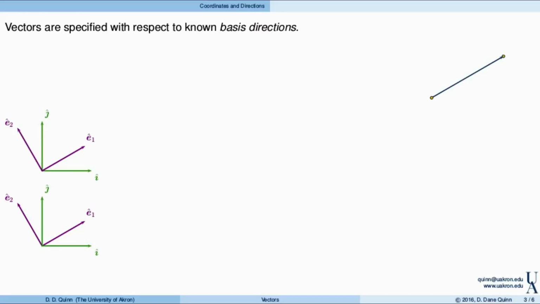So now, speaking of directions, vectors are specified with respect to known directions. So again, here I have some vector. We'll call it R once again. So we need a set of directions that we define as basis directions in order to measure the vector R. We have a number of different choices. We could choose, for example, I and j.